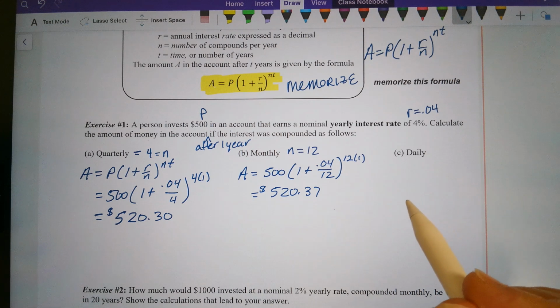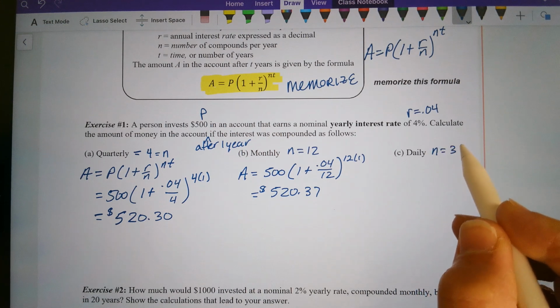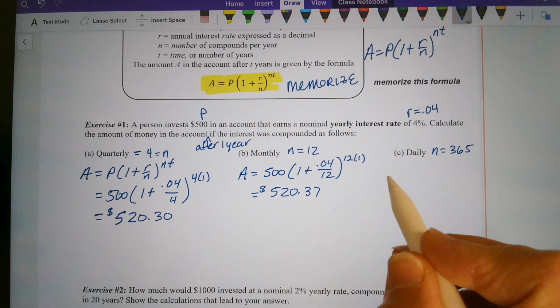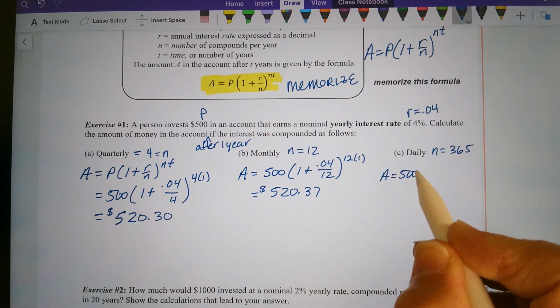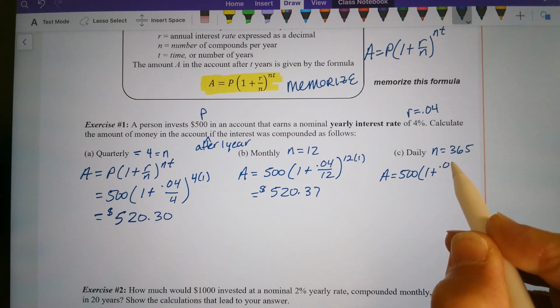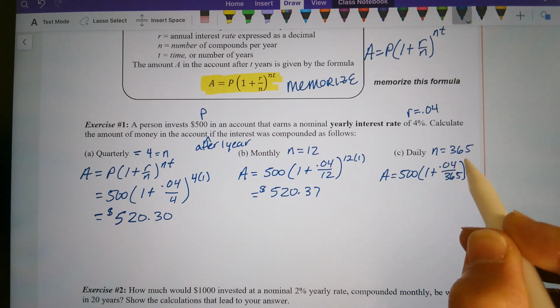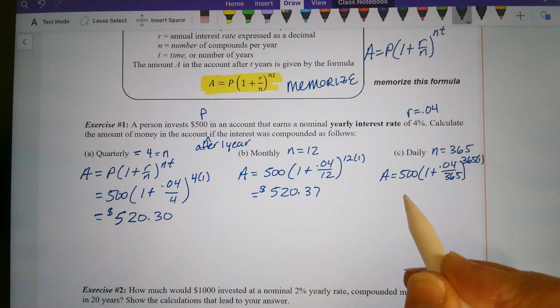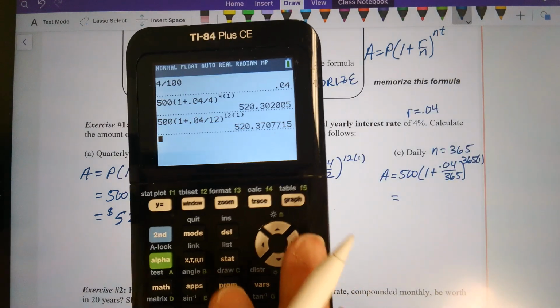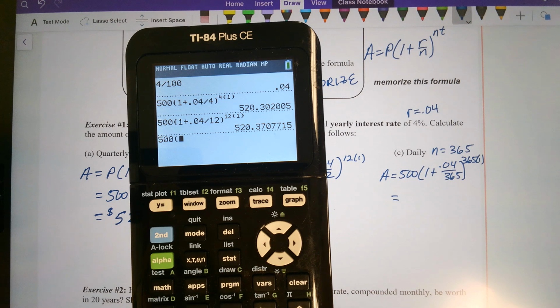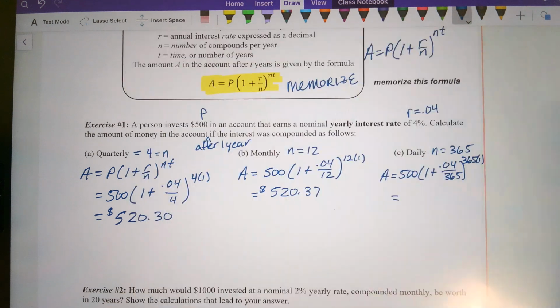Daily, there are 365 days in a year, so N is 365. Capital A equals 500 times 1 plus 0.04 divided by 365 raised to the 365 times 1. $520.40.